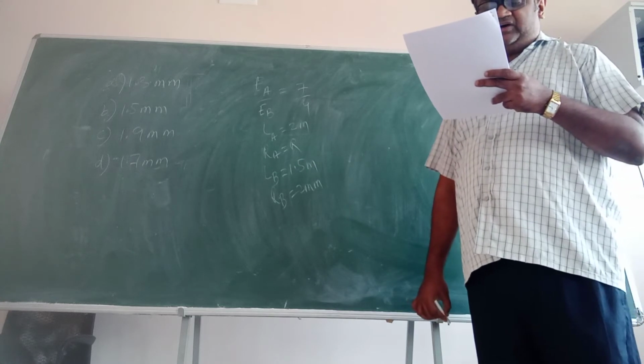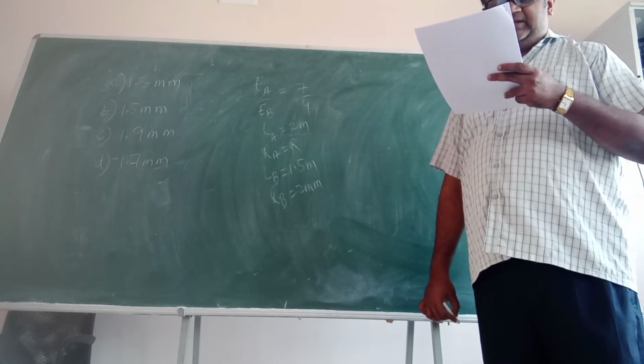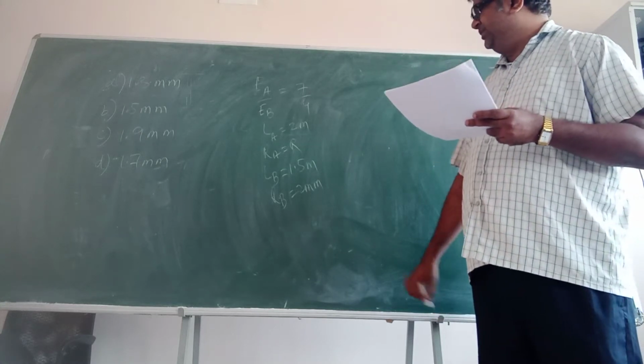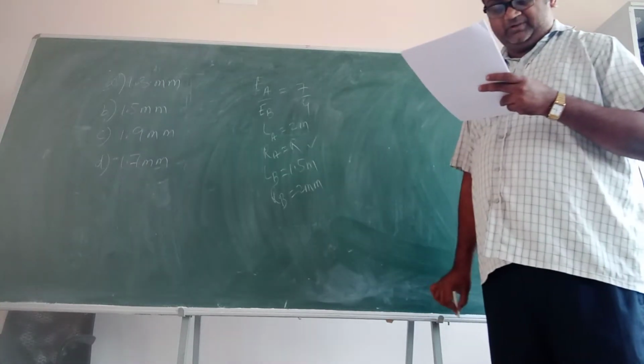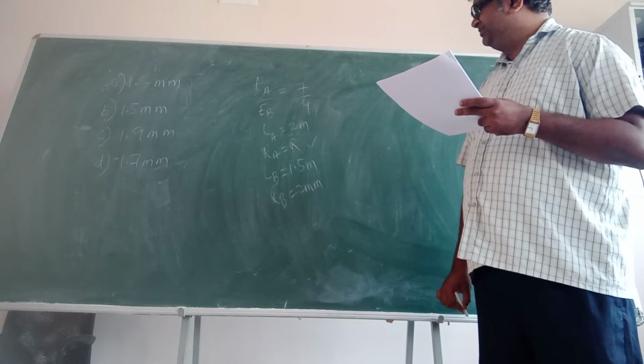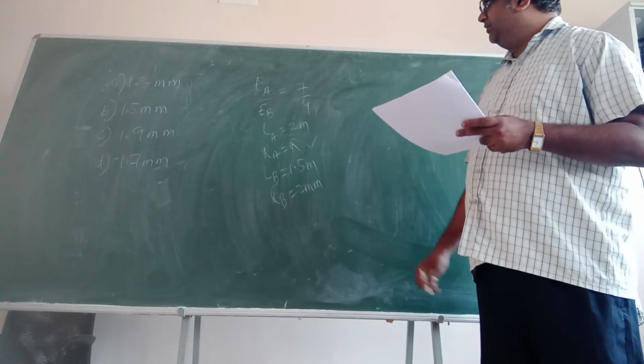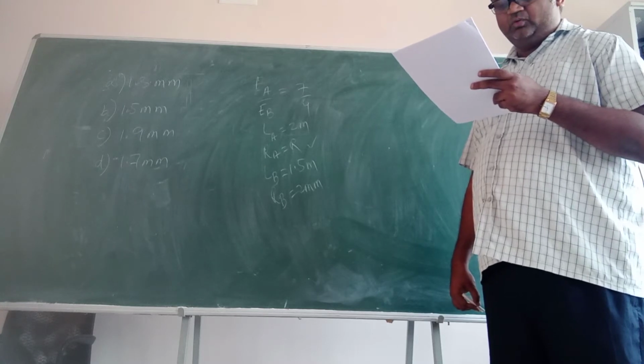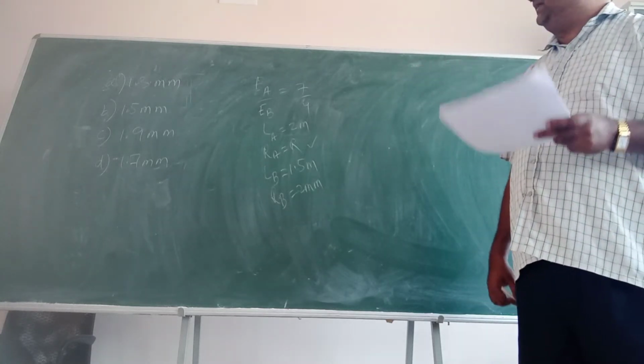If the two wires are stretched by the same length for a given load, then the value of R is. You have to find the value of R, and what is the condition given? They are extended. If the two wires stretch by the same length.